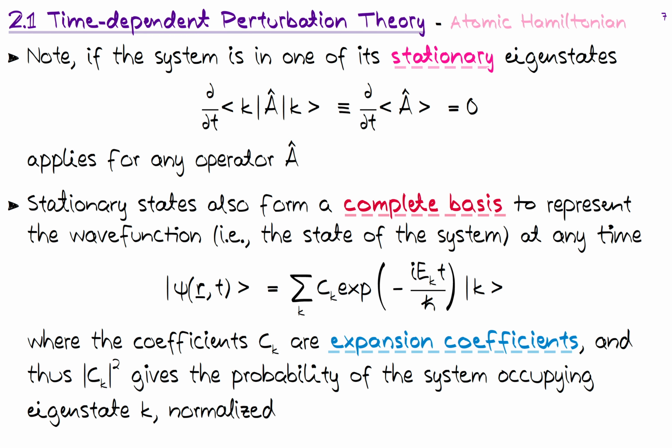They are normalized in such a way that if we take the sum of the square modulus of all the expansion coefficients, we get unity. Physically, this just corresponds to saying that the electron has to be somewhere: either in the ground state or in the excited state. When we sum the square moduli together, we get unity, so the electron really has to be somewhere. It cannot vanish from our system.